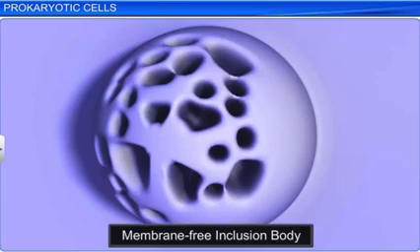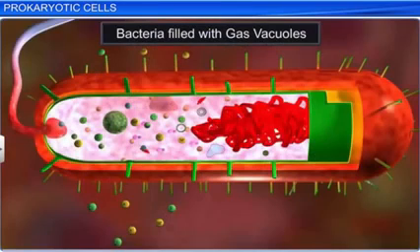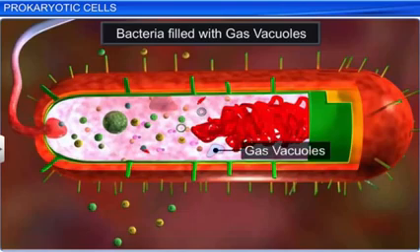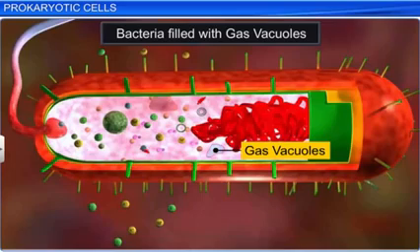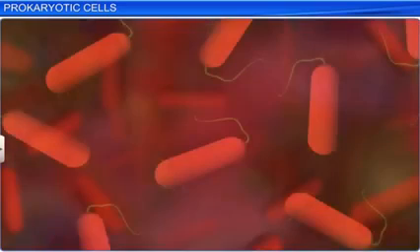Certain prokaryotes such as blue-green, purple, and green photosynthetic bacteria also have other inclusion bodies such as gas vacuoles, which help them to float in water. Prokaryotes, thus, are primitive organisms that possess a simple cell structure. Yet, they are the only organisms to thrive in almost all habitats, including underground caves and deep oceans.